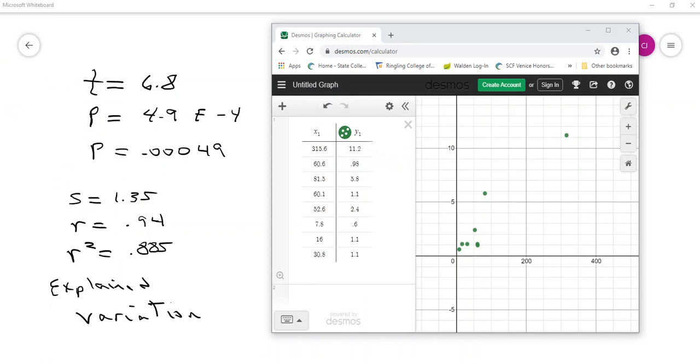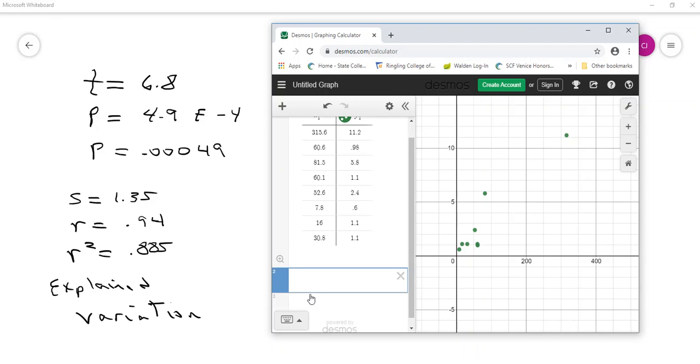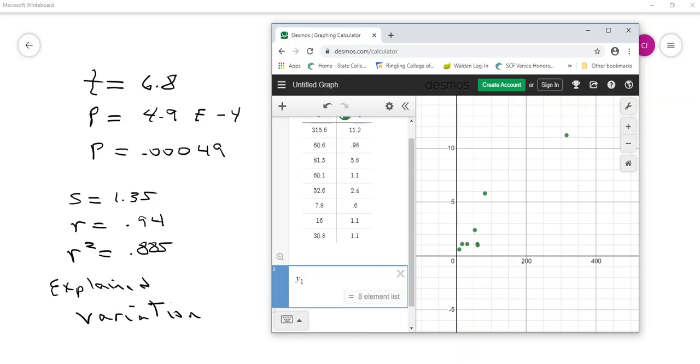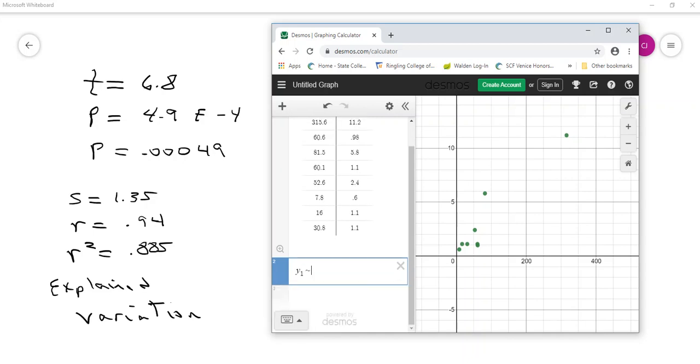Now what I want to do is put that line in there. I'm going to click right down here. I'm going to put in Y, and I'm trying to find the symbol. There we go. That tilde symbol is, for now, the equal to.